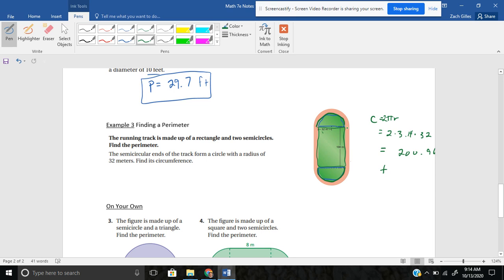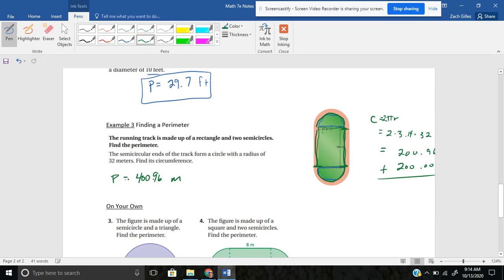Well, this portion is 100, so that would make this portion over here 100. So if I add 100 plus 100 plus, I know the circumference of this circle is 200.96, I'll get a total of 400.96 meters.